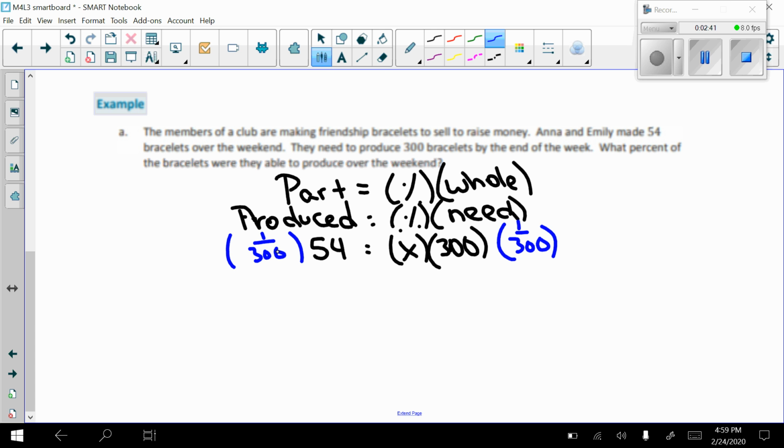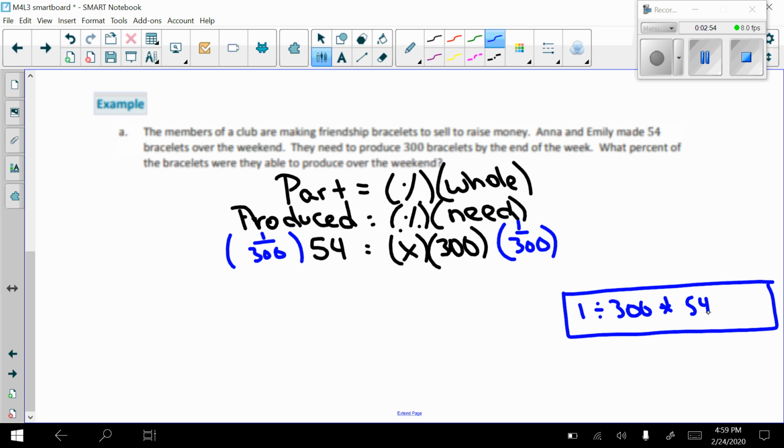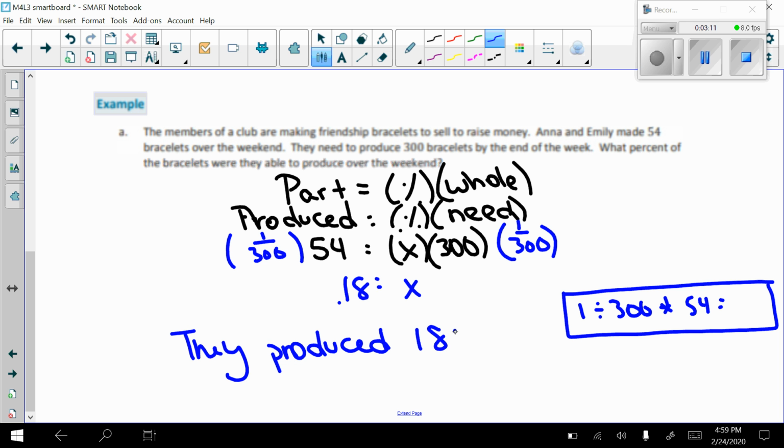Then I get to pick up my handy-dandy calculator, and I type in 1 divide 300 times 54 equals, and I get an answer of .18. What does that mean in this story? They produced 18%.